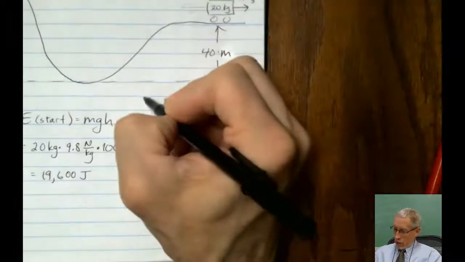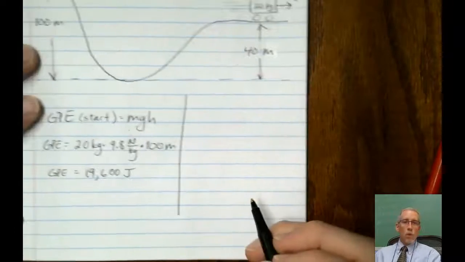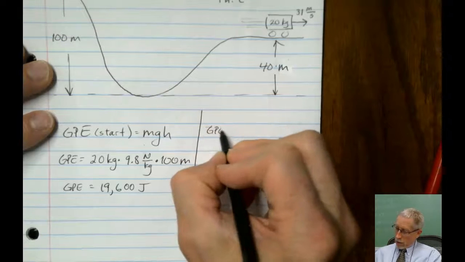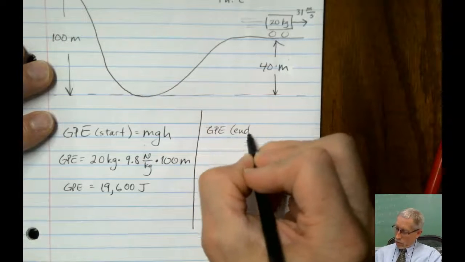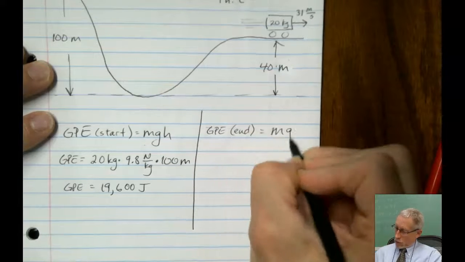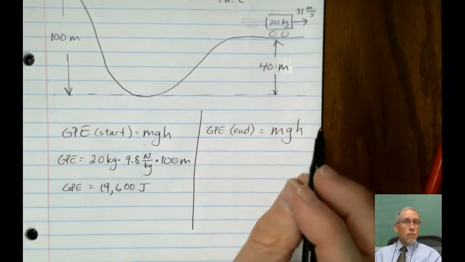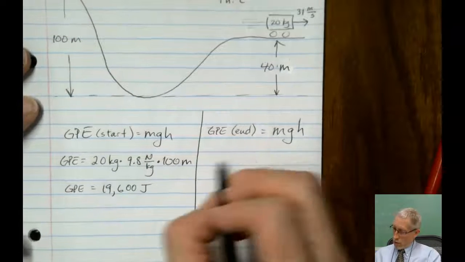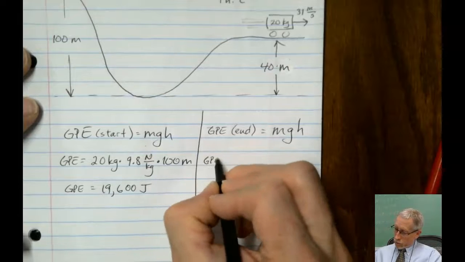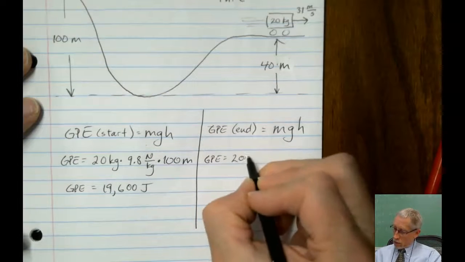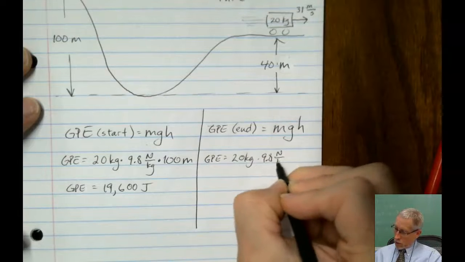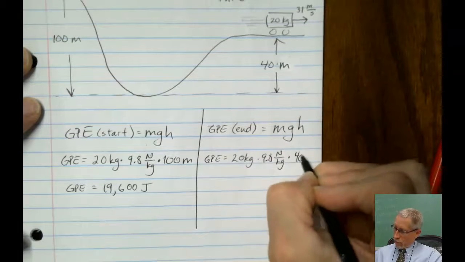So I think I'll just divide my paper down here so we can do some work for the second part of the problem. So GPE at the end, mgh, same m, same g, but different height, only 40 this time. So 20 kilograms times 9.8 newtons per kilogram times only 40 meters.